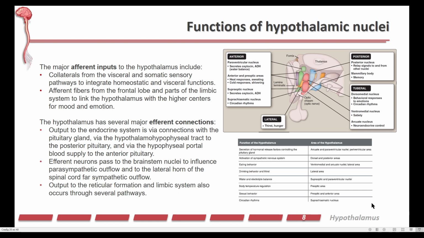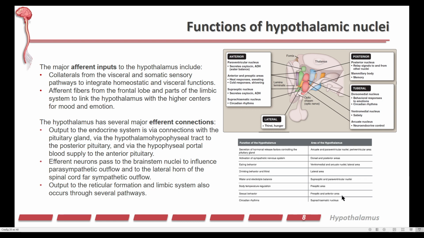Here you have a few examples of centers located within the hypothalamus. We have centers for hunger and satiety, which regulate feeding behavior. Then we have centers for thirst, water regulation, and electrolyte balance. We also have centers for heat loss and heat gain.